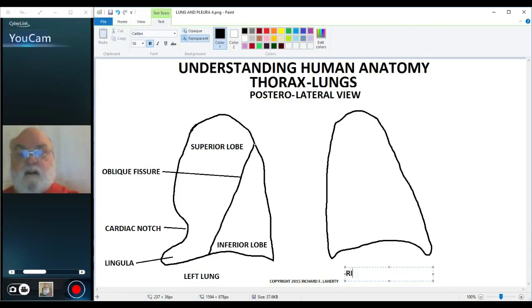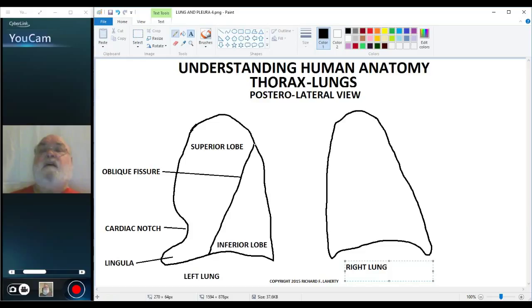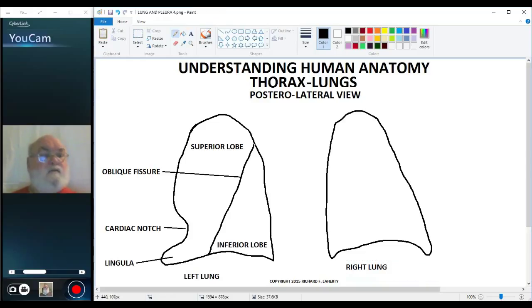We have the right lung. And the right lung will have two fissures, an oblique fissure, like so, and a horizontal fissure.